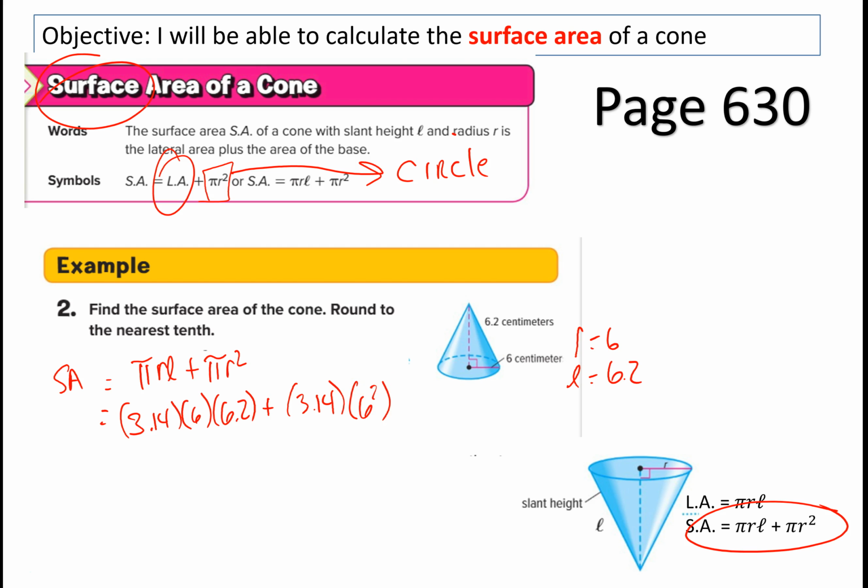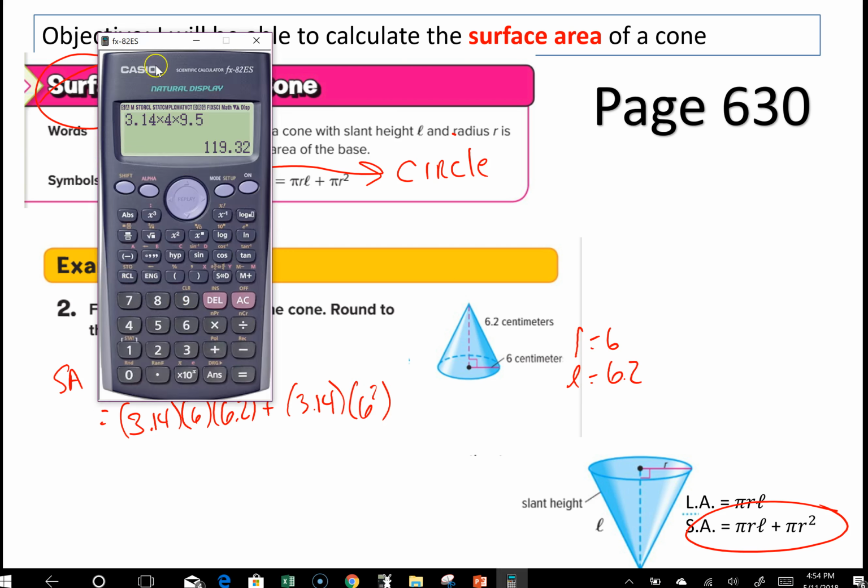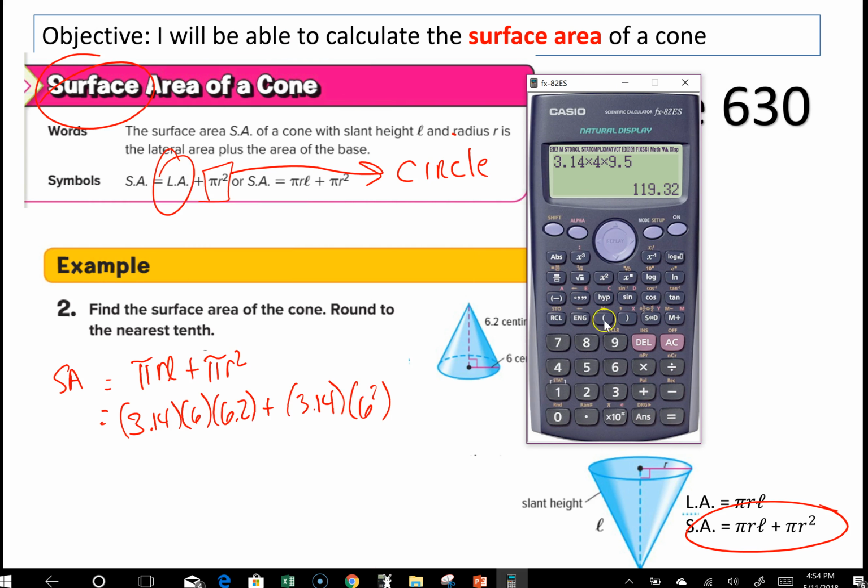Let's see what that gives us. So 3.14 times 6 times 6.2 plus 3.14 times 6 squared.